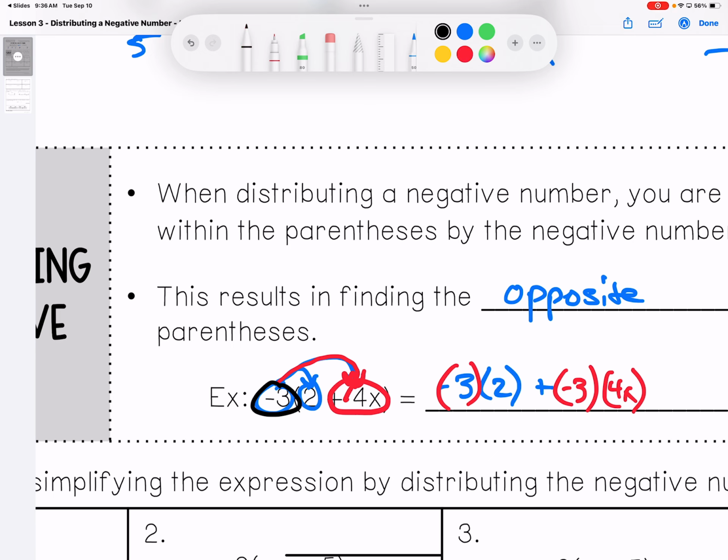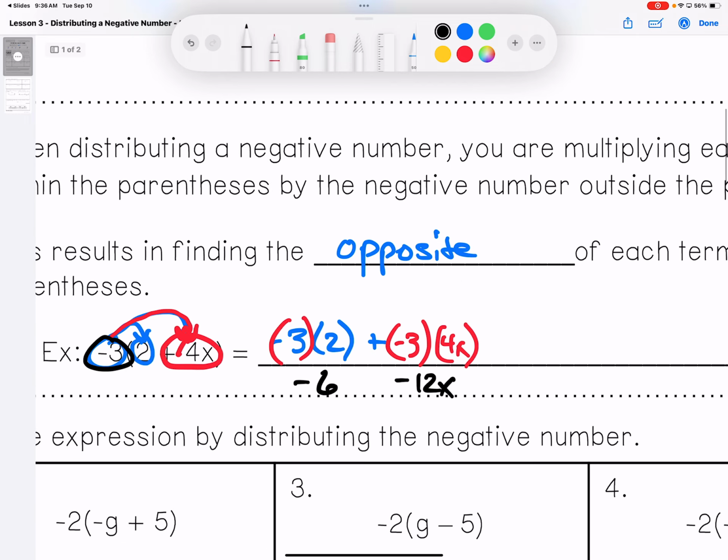When you work that out, you get negative 6 and you get negative 12x. So the answer would be negative 6 minus 12x.